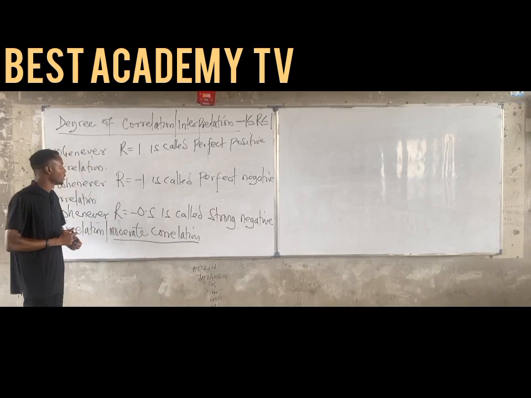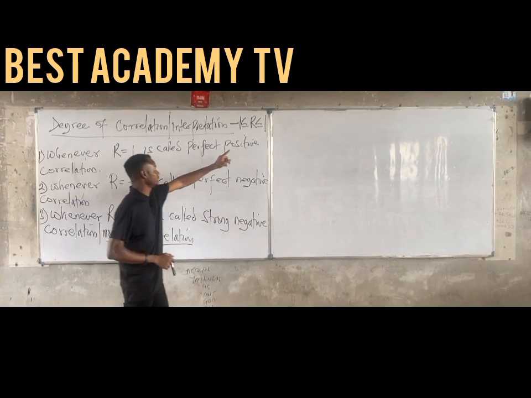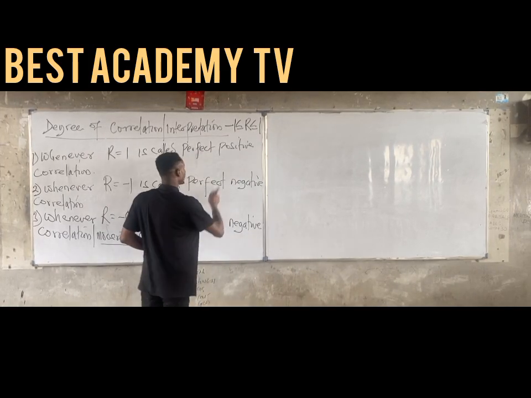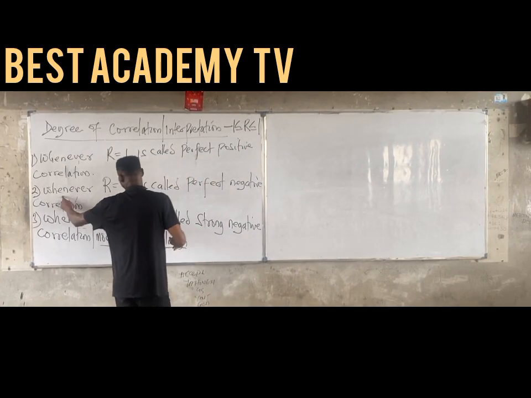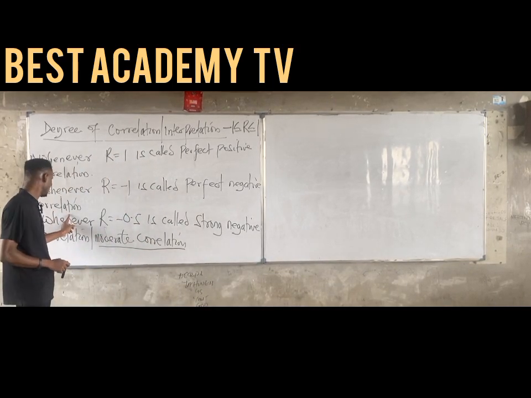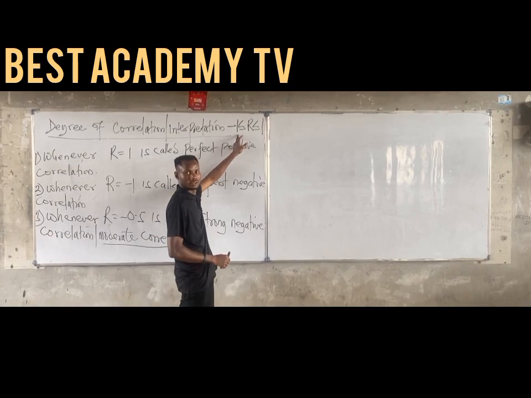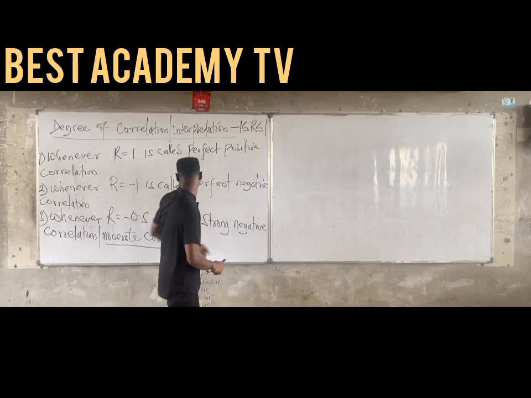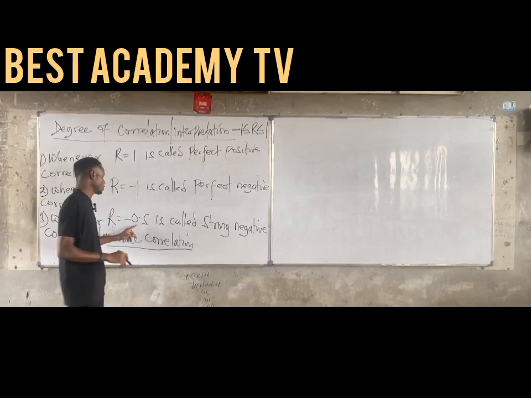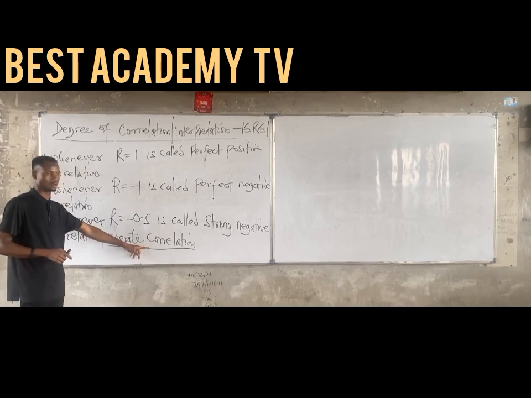Whenever r is equal to minus 1, it is called perfect negative correlation. Now, the last one here: I want to get half of minus 1, which gives minus 0.5. So whenever r is equal to minus 0.5, it is called strong negative correlation or moderate correlation.